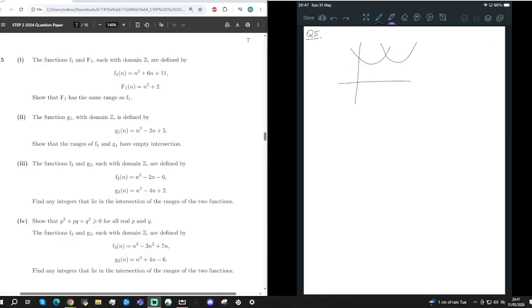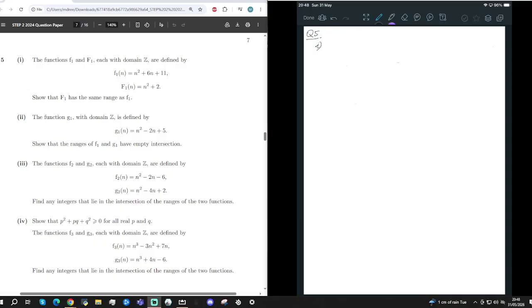With integer world, though, we need to show that every single integer that one creates, the other creates, and only those. So enough yabbering, let's actually have a go at the question.